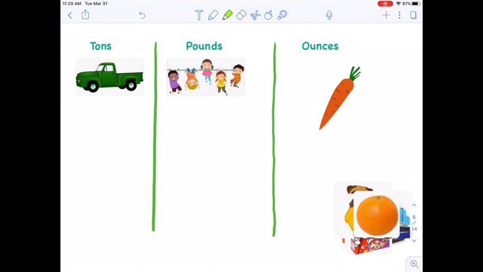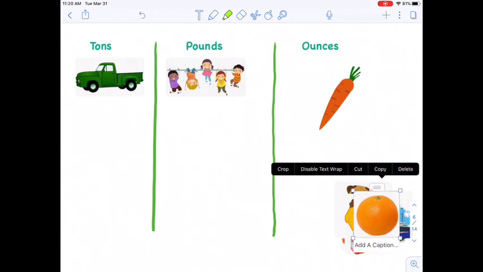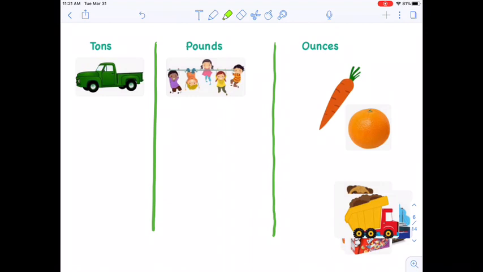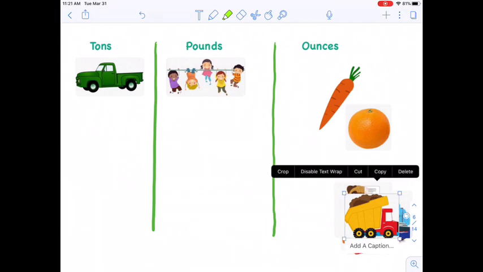An orange, would I be using tons, pounds, or ounces to weigh an orange? Well, I think I would use ounces. It's not that heavy, but I would still want to measure as specific as I could. So I would use ounces. How about this dump truck?